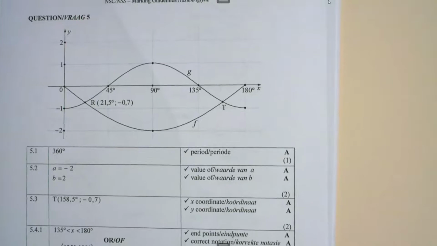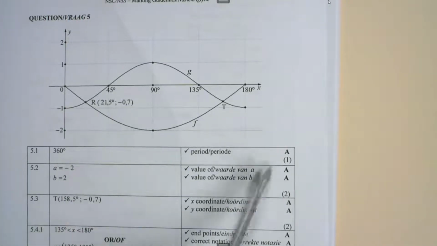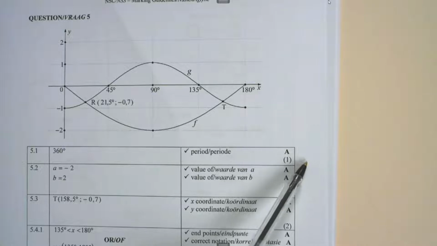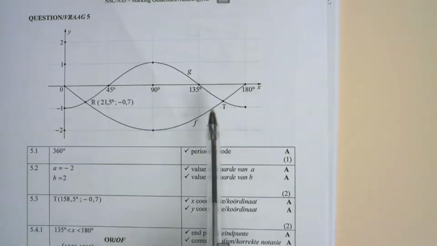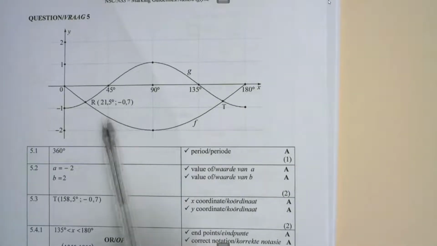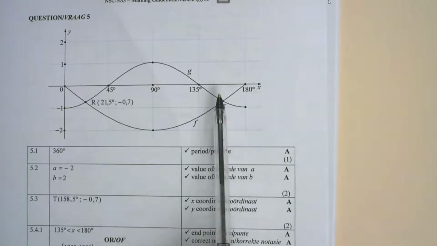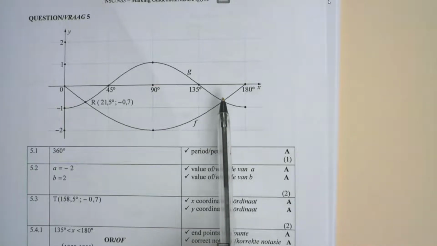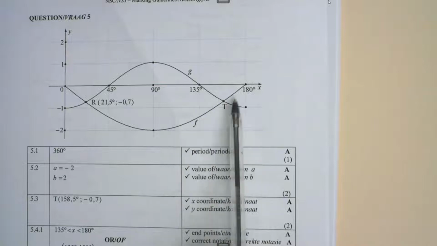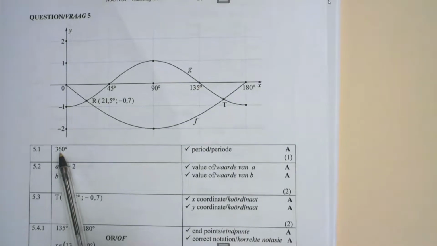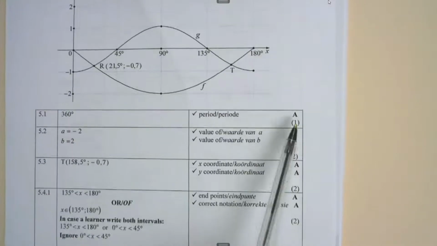If we look at question 5.1, 1 mark for period, which is accuracy. Because I think learners will always try to confuse it, because this is not a complete cycle of the graph. So for it to be complete, it has to have 360. So it's an accuracy mark.